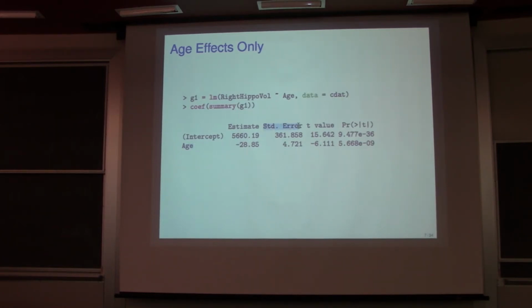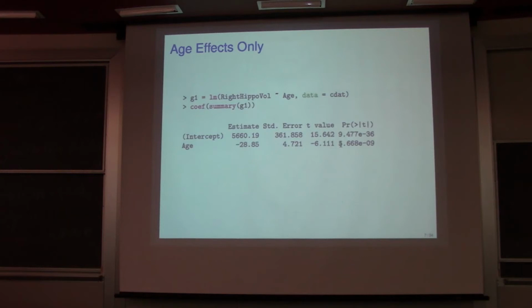And then it gives you the standard error, and then the t-statistic associated with the hypothesis test, because we're assuming Gaussian and all that kind of stuff. And then it gives you a p-value for that hypothesis test. We don't care about the intercept, that's not really meaningful, so we're going to ignore that.